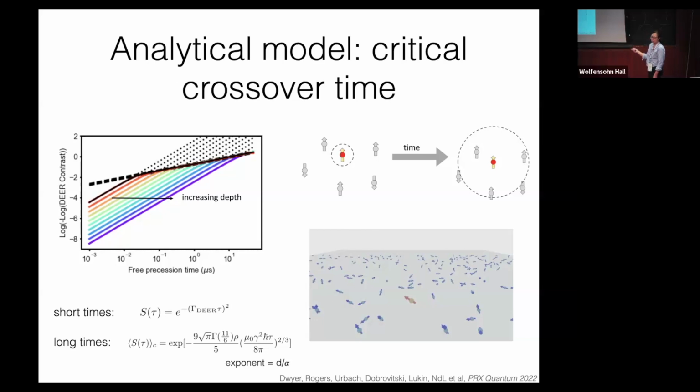The slope of this thing is just this stretched exponent. I should see a transition from n equals 2 to n equals 2/3. And because this transition depends on when I have dipolar coupling with my surface spins, I should see this transition at later and later times as I move my NV center far away from this surface.